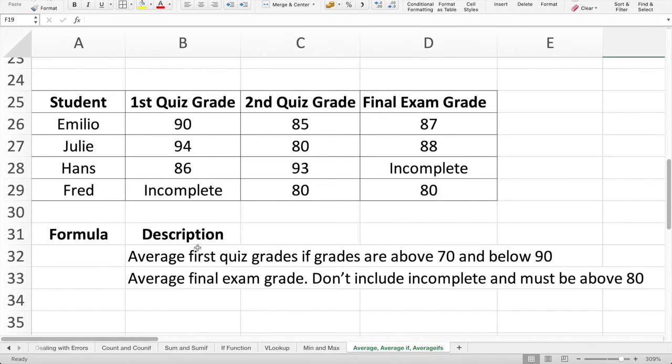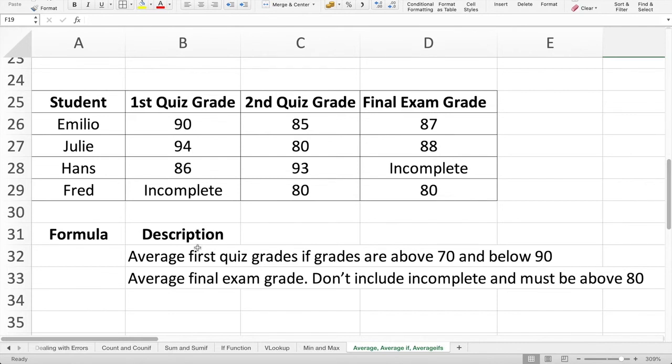So here we are dealing with 2 or more criteria. For average if, we're only dealing with only 1 criteria. And for average, we're dealing with no criteria. We need to average all the data sets. That's basically what average is without if.